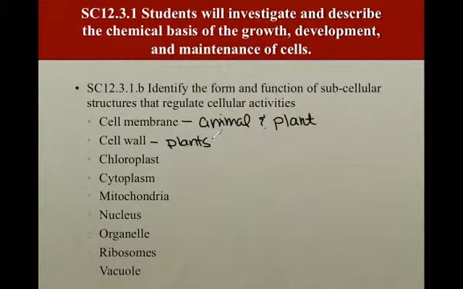That's not the actual cell. What's a chloroplast? Contains chlorophyll. And what's that process called? Photosynthesis.